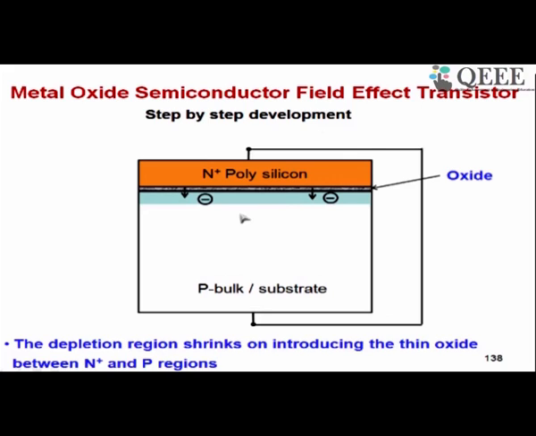Now you can see here, suppose I change a material here from N plus polysilicon to some other material, which gives me a very high built-in voltage between this material and this substrate. Then what will happen is this electric field will become really very large, and even when you do not apply a gate voltage, that is even under short circuit conditions, you can get an inversion layer here because this field is very high.